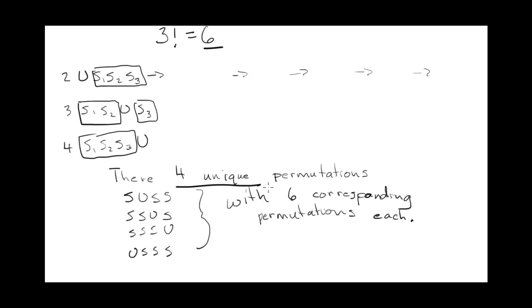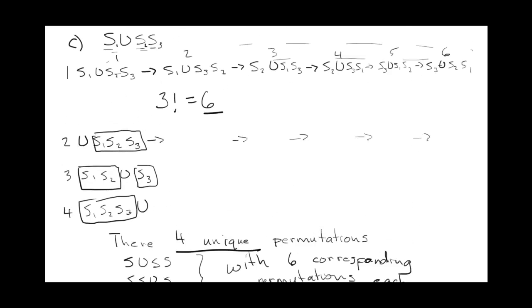So really there's just the 4. There's 4 unique, and the other ones are all duplicates.